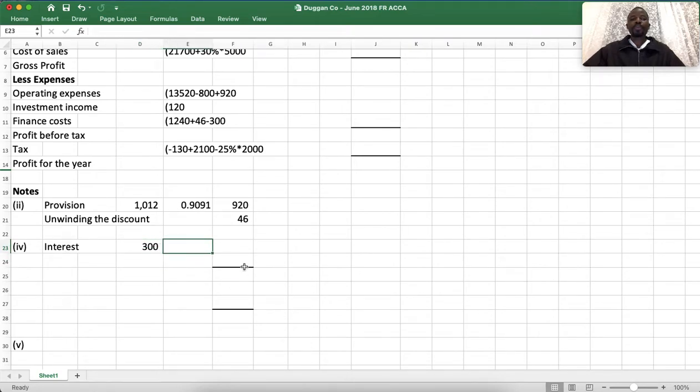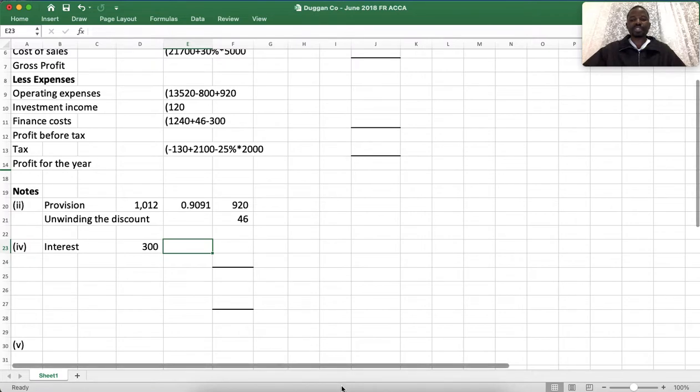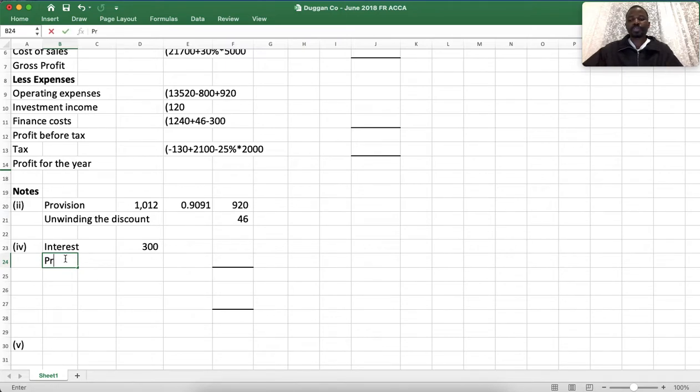So we will pay interest for the year ended 20X8 and also for the year ended 20X9. So we'll pay interest for 2 years and also we will pay the principal of 5,000 at the end of the contract period, which is 30 June 20X9.